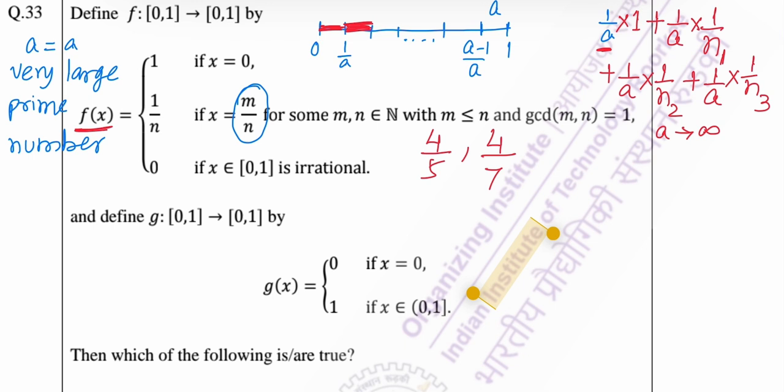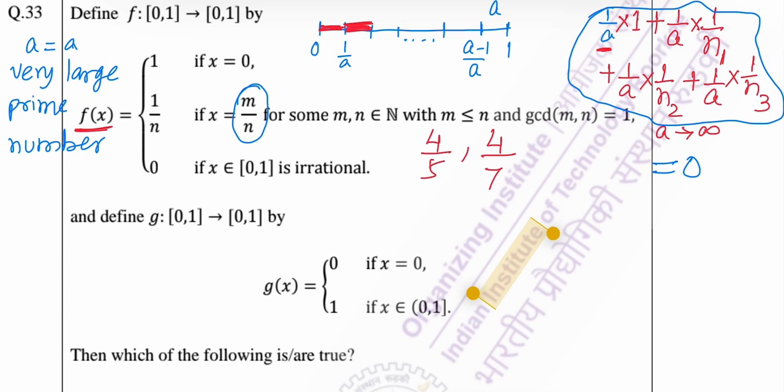If you tend a to infinity, a very large number, then this whole thing is going to be 0. So what we get so far? If we take the length of each sub interval and multiply this length with the max value of f(x) in that interval, and the number of intervals is a large number, then we are getting 0.